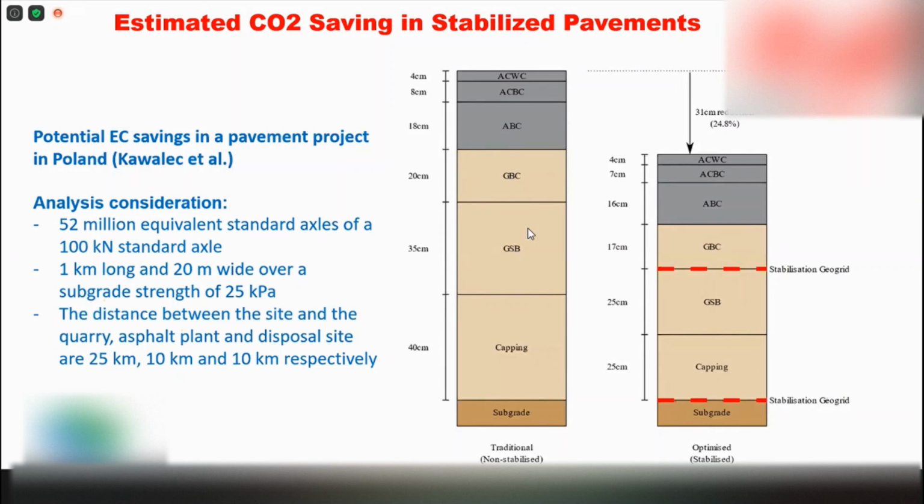What I'm going to show you here is the potential to reduce the thickness of the pavement, and this will potentially save a lot of cost and also reduce the CO2 footprint, because you reduce the amount of material you need to transfer in from a foreign place, and also reduce the amount of material you need to excavate and export out to other places. So you reduce a lot of carbon footprint and also the cost and the time in constructing the pavement.